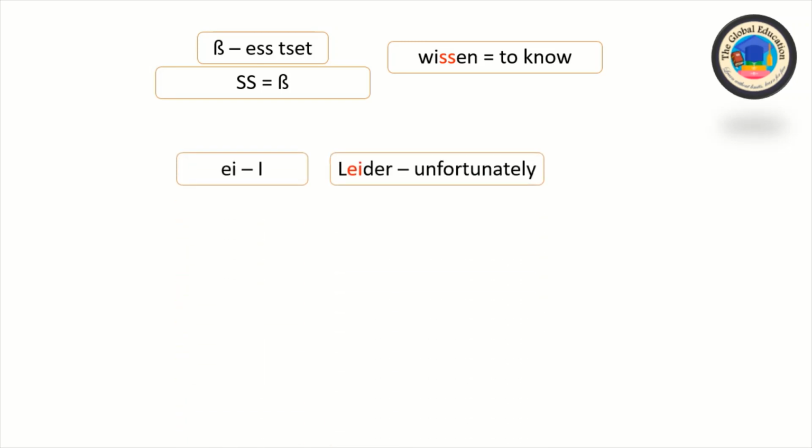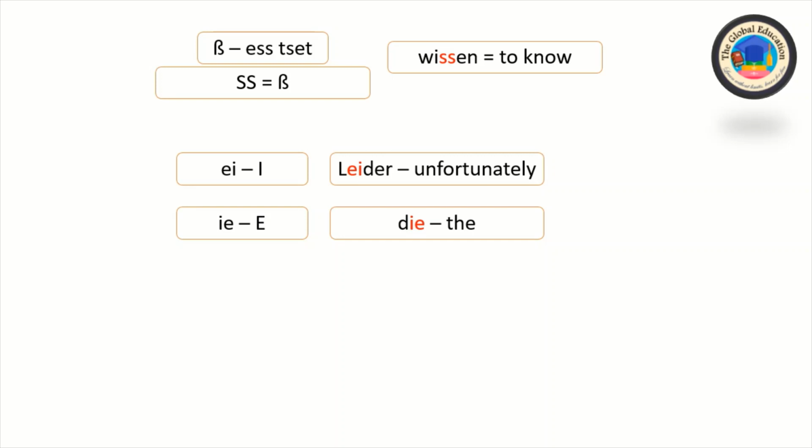And there are also additional letter combinations for reading purposes. For example, EI means I, like in the word meaning unfortunately.